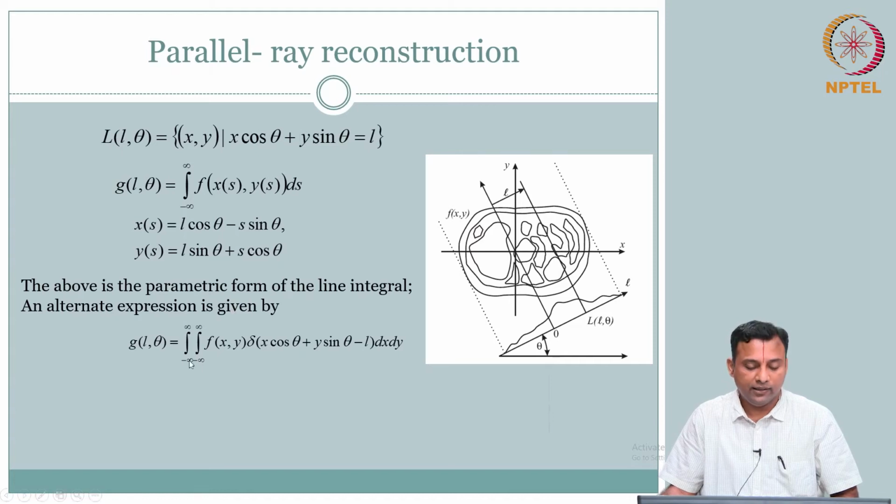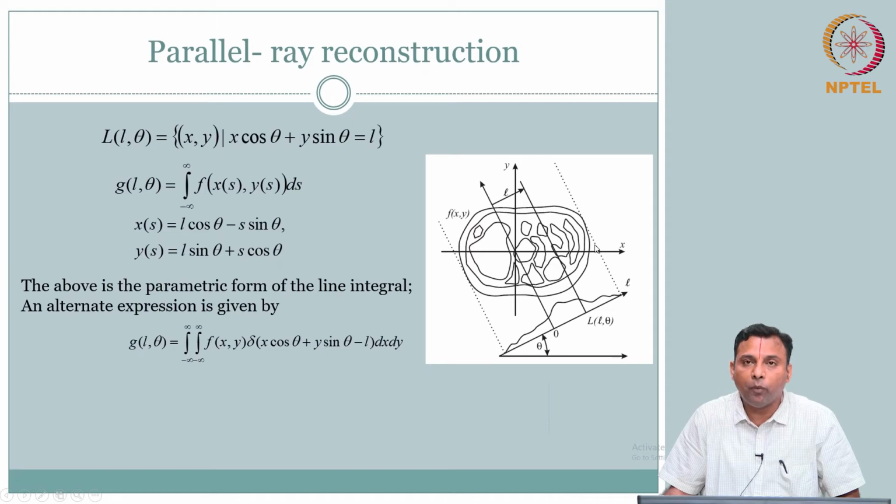You should recognize that f of x y is your object here, the 2D object, but instead of writing it in this form, we can recognize f of x comma y times delta along this line. That means you are picking from f of x comma y.